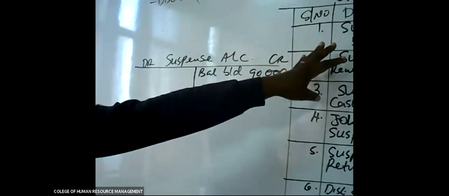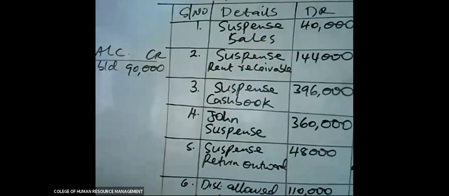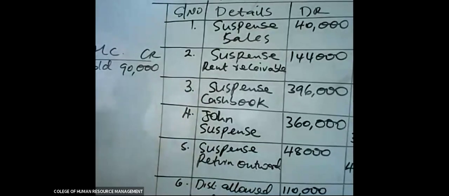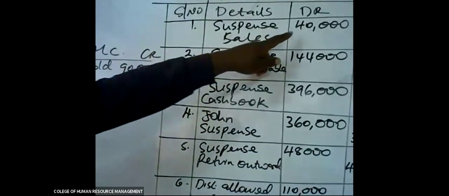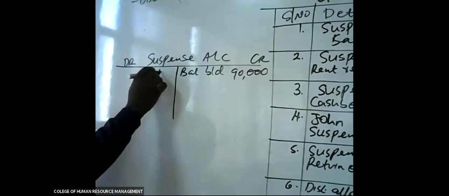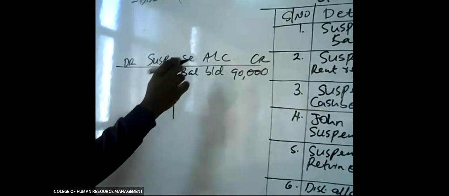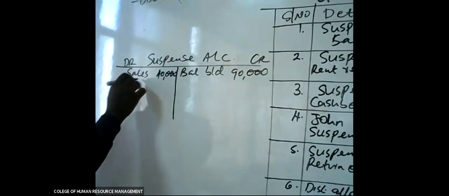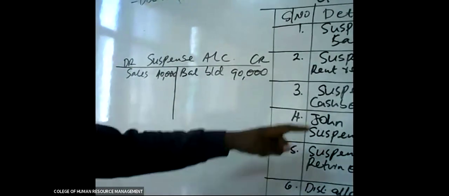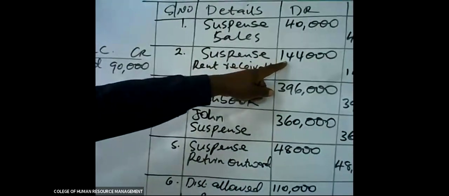Then now come and bring in these entries. Incorporate them here. Number one, suspense was debited by 40,000. So you go to the debit side and record that 40,000. The other account is sales. Number two, suspense account is also debited by 144,000.